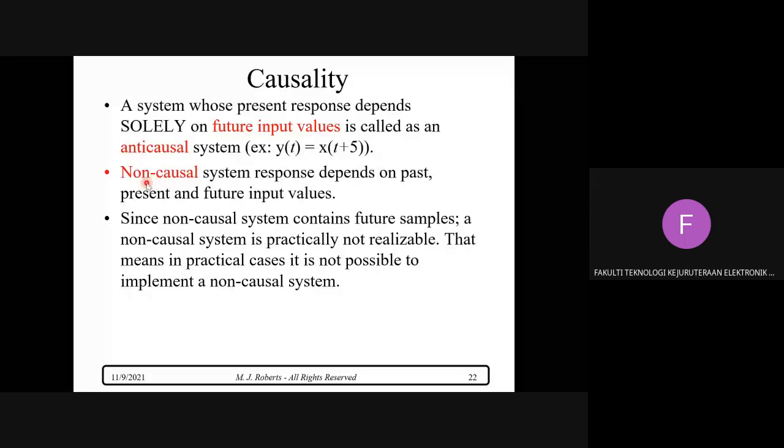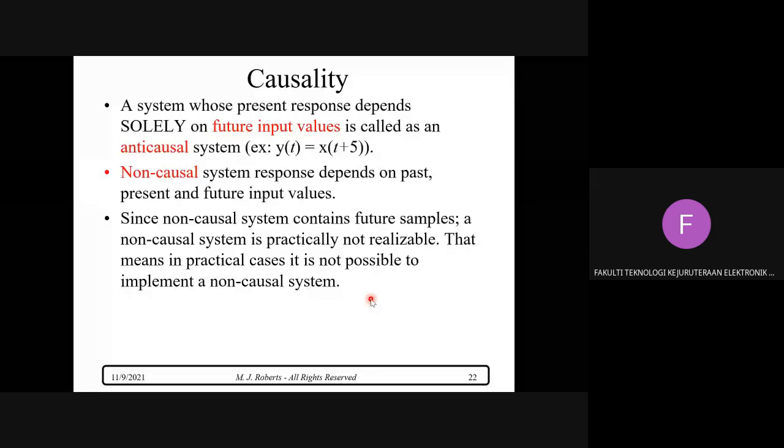Another type of property is non-causal. Non-causal is the mix, where the system response depends on past, present, and future. It means that you have x(t+1), x(t-1), x(t), so it depends on present, past, and future input.